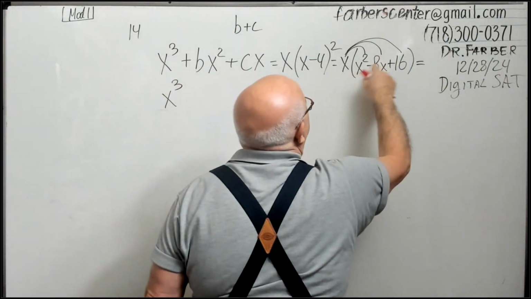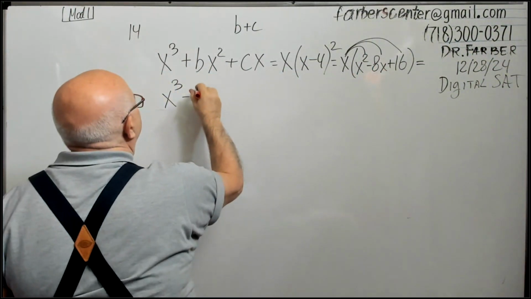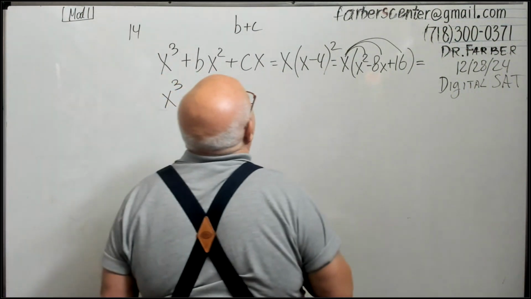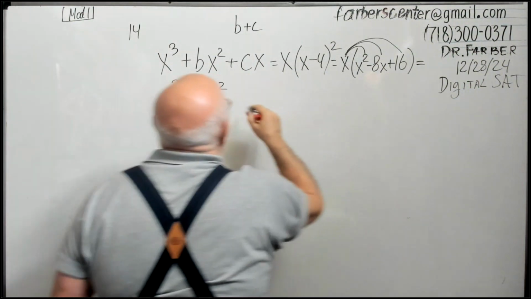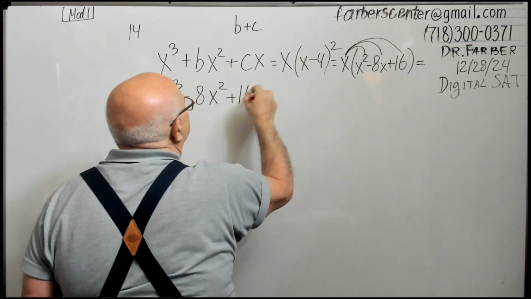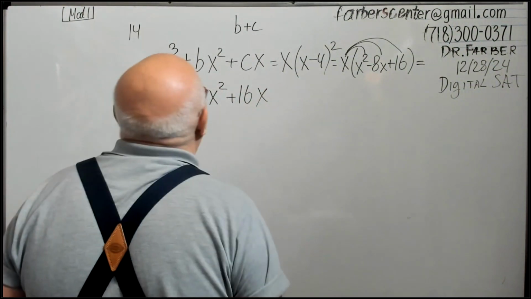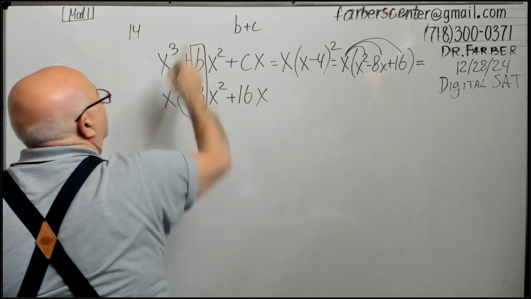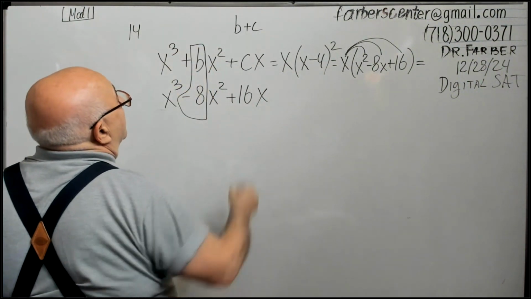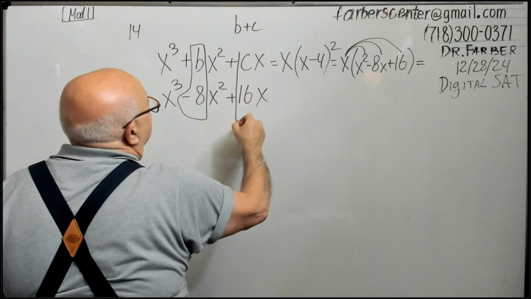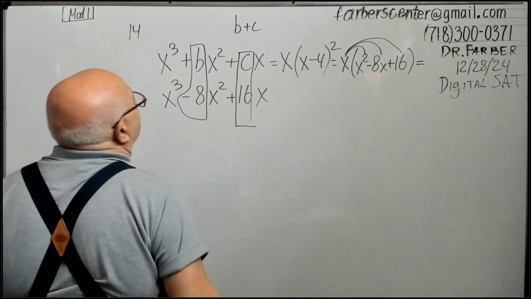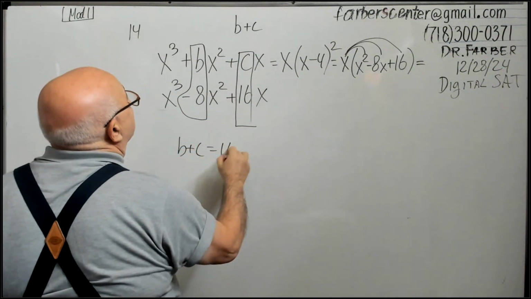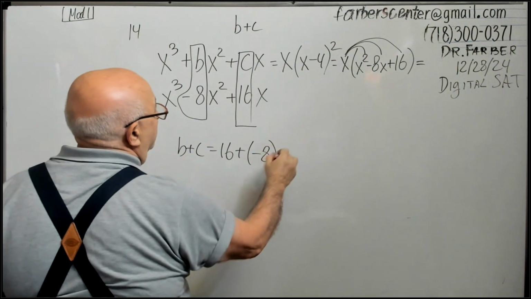Minus 8x to the second plus 16x. From here, based on symmetry, b equals negative 8 and c equals 16. And b plus c equals 16 plus negative 8, which is 8.